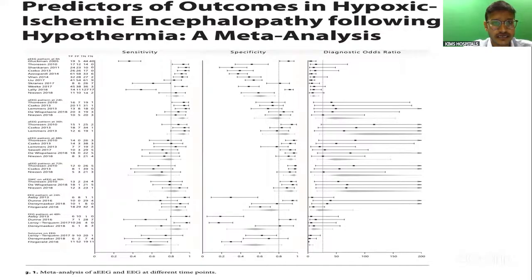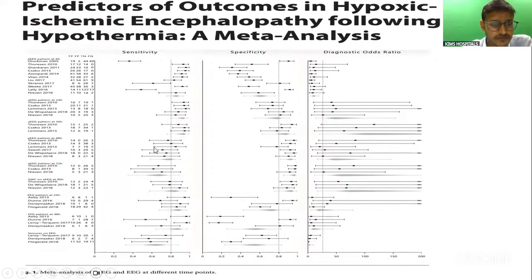And the outcomes were seen at 18 months, which were cerebral palsy or the other formal scoring like Bayley's, to look for adverse neurodevelopmental outcome. So they studied neonates receiving hypothermia. Amplitude EEG was observed at 6 hours, 24 hours, 36 hours, 48 hours, 72 hours, and then 96 hours as well.